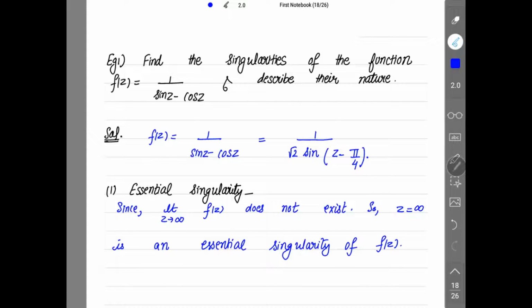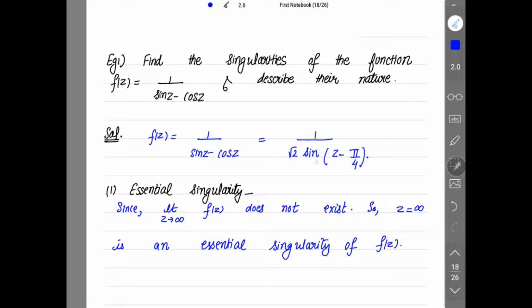Now we are going to check for poles. For poles, the limit should come out to be infinity, right? And where I get the limit as infinity, the points where the denominator is 0, I'm having those points as my poles, right? So let's think of z where the denominator will be 0.